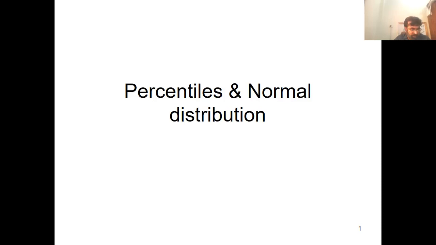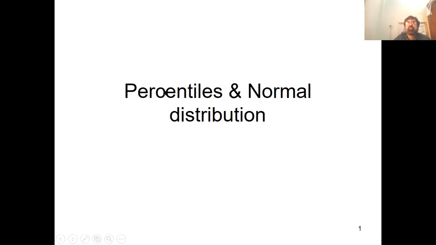And what is percentile? What is the relationship of normal distribution and percentile? Percentile divides the data set into 100 equal groups, from P1 to P99. Percentile number 1, number 2, number 3, number 4.